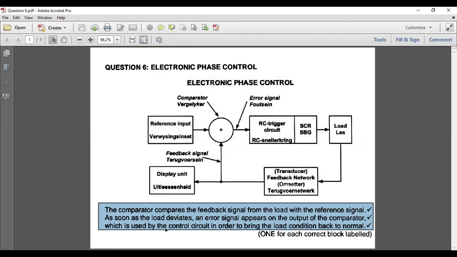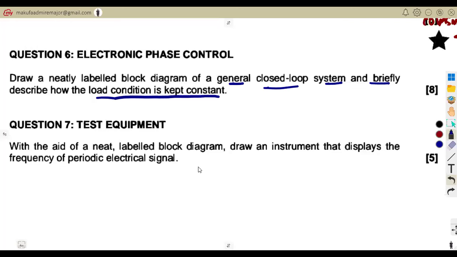As soon as the load diverts, an error signal appears on the output of the comparator, which is used by the control circuit in order to bring the load condition back to normal. As the question asks how we keep the load condition constant, that is the condition where the comparator has to play a role.